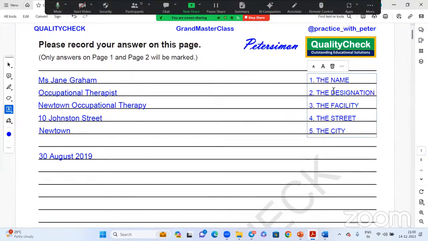So sometimes instead of the name, the designation, the department. There may be other aspects also. Number 3 may be the department, emergency department or casualty ward or whatever it is. And the facility. It may be the facility. The next one, the street and the city.